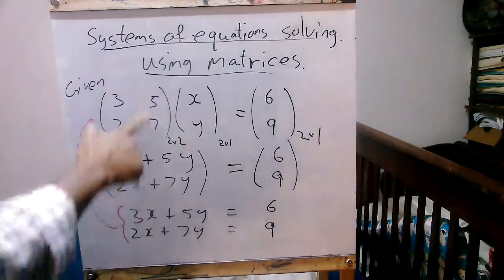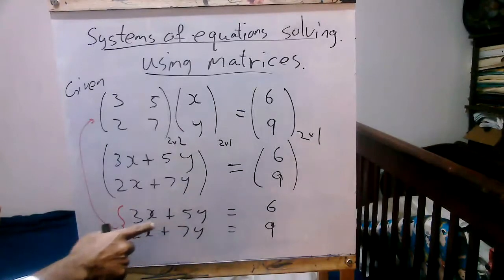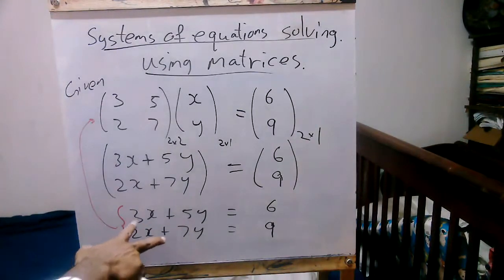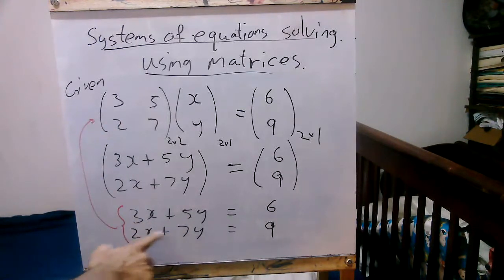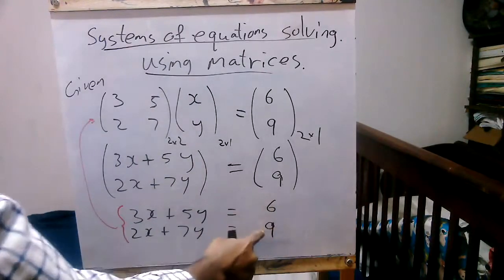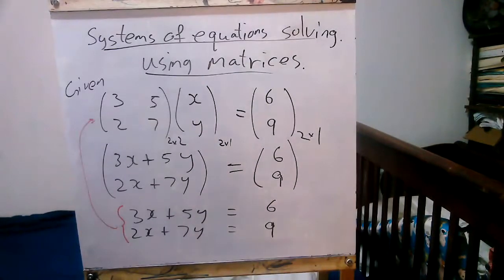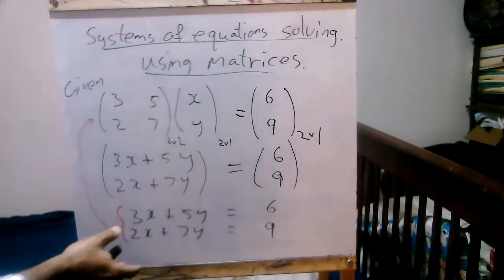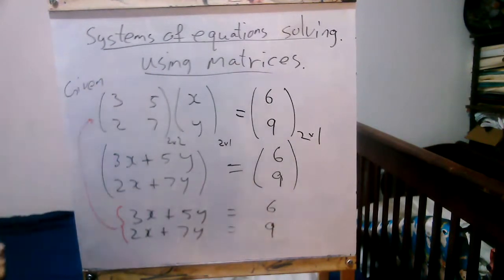Now look at this. How to write this? We can see it very easily. We just get the coefficients of x and y, 3, 5, 2, 7, and x and y come in a column vector. The other side of the equation comes as it is, 6, 9 comes there. Get it? Therefore, if we get this system of equations, we can directly write this one.